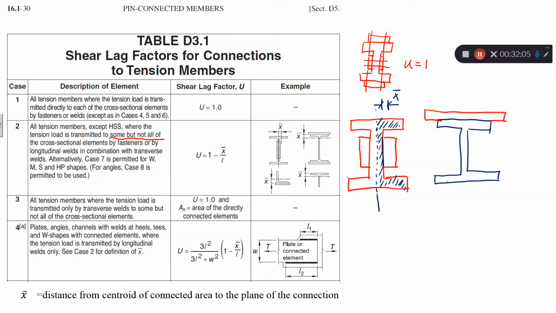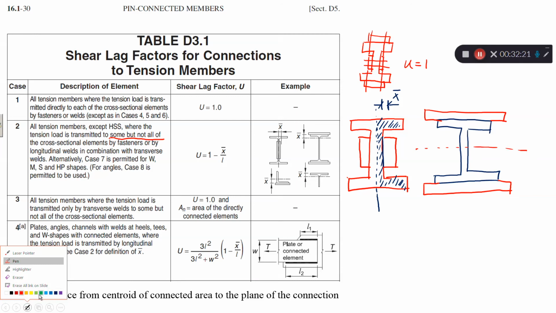Okay, so what are you going to do? Say it's symmetrical, welded on the top and the bottom. In this case, we also want to cut it in half. So you have two T shapes instead of just one H shape, and the centroid is the centroid of the T. So the distance x bar is the distance from the centroid of the T to the interface. That's your x bar.